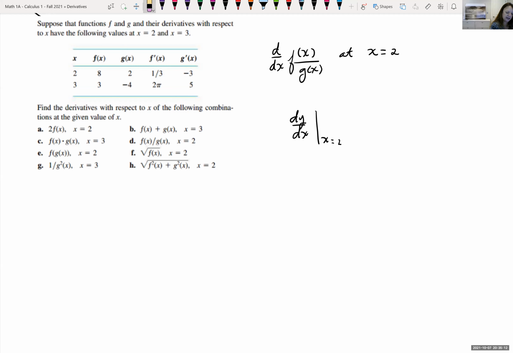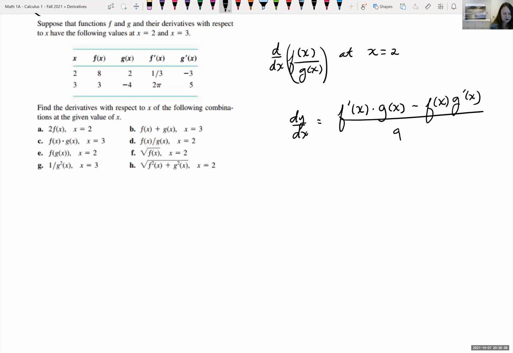We'll come back and look at x equals 2 in a second. So I know I need to apply the quotient rule. So this is f prime of x times the denominator, g of x, minus the numerator, f of x, times the derivative of the denominator, g prime of x, all over the denominator, g of x, quantity squared.